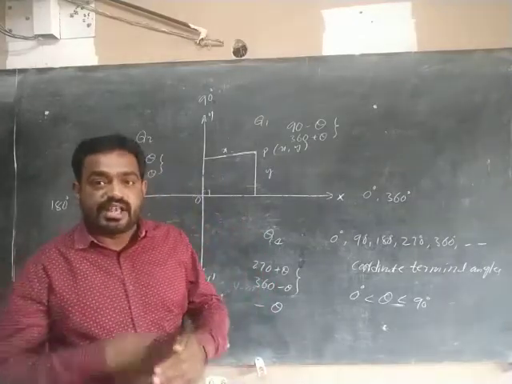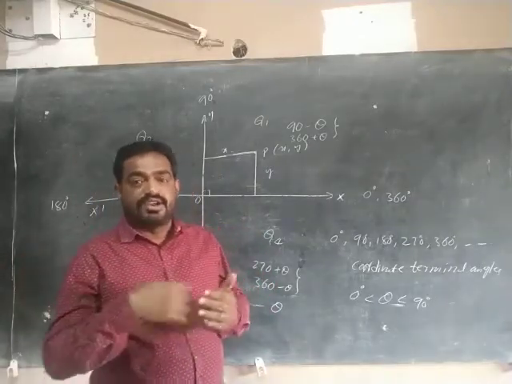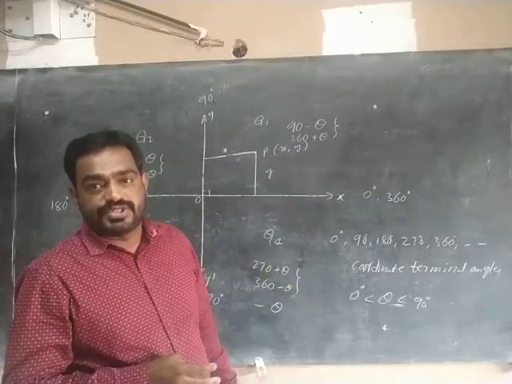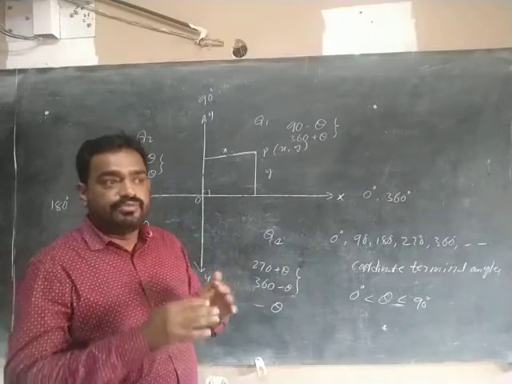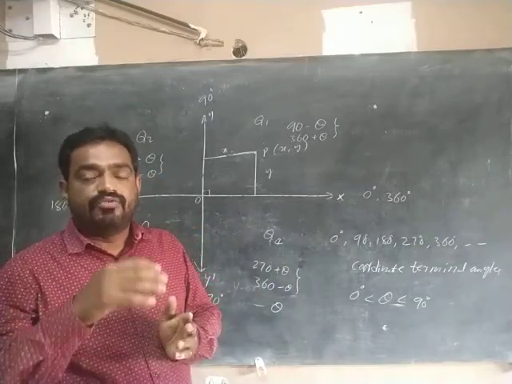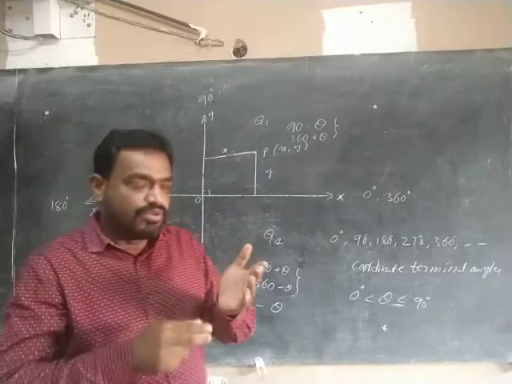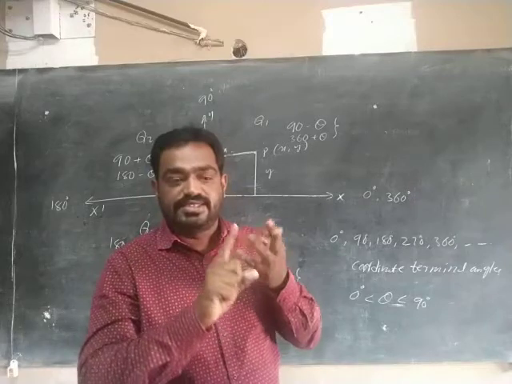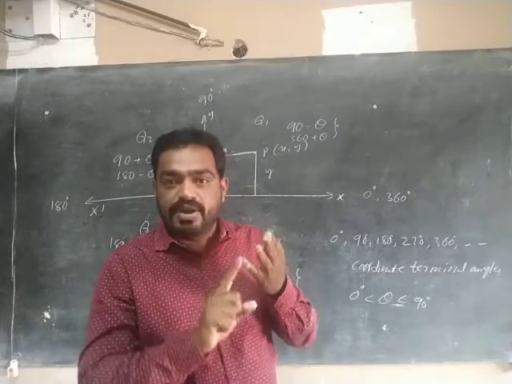In the next classes we will discuss this coordinate system in detail. Watch this complete video once or twice, and note down and write the definitions. What is the coordinate system? What is the x-axis? What is the y-axis? What is the positive x-axis?